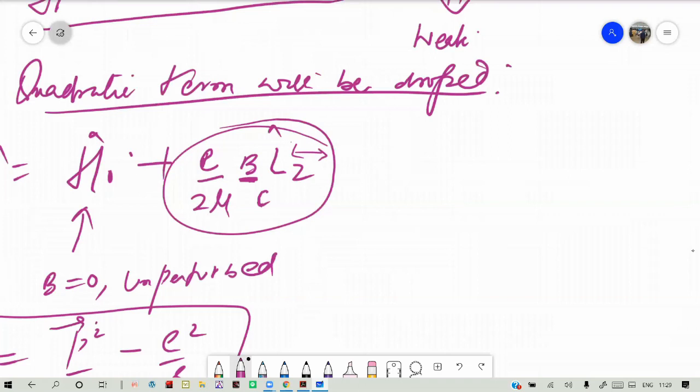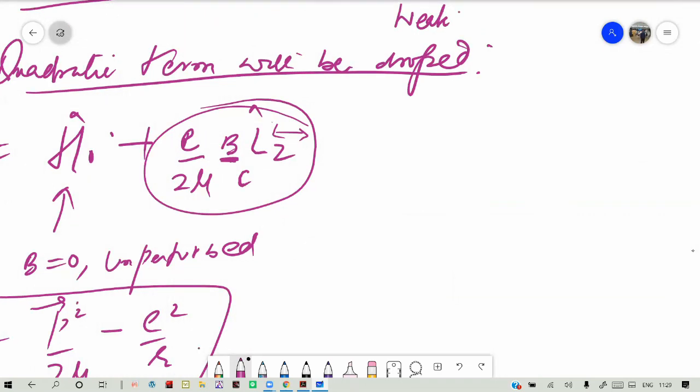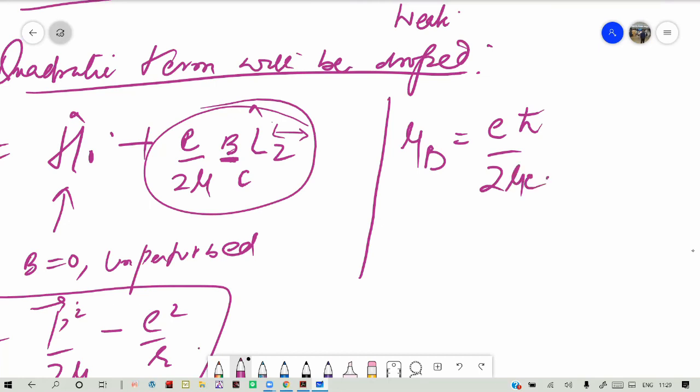We know that mu B is equal to e h cut divided by 2 mu c, and we also know mu L, the orbital dipole moment, which will interact.